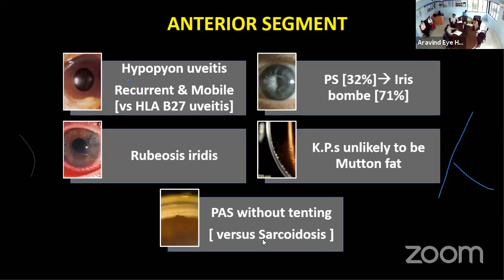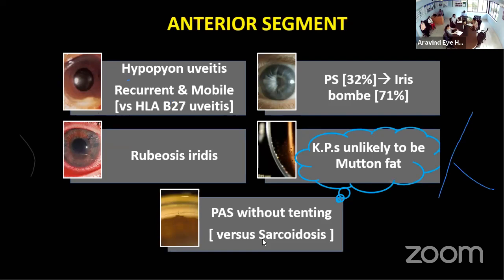Whereas PAS without tenting is characteristically seen in Behcets uveitis. So if you see a tenting PAS, you need to always think whether you are dealing with Behcets or not. As I said, the most characteristic point is if you have granulomatous KP, you are almost sure that you are not going to be dealing with Behcets uveitis.